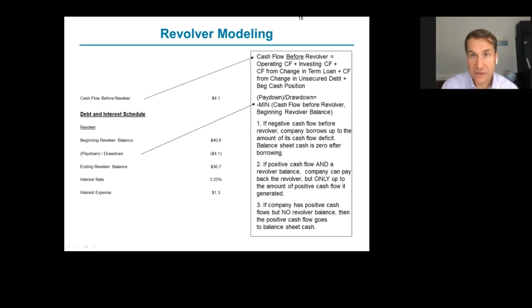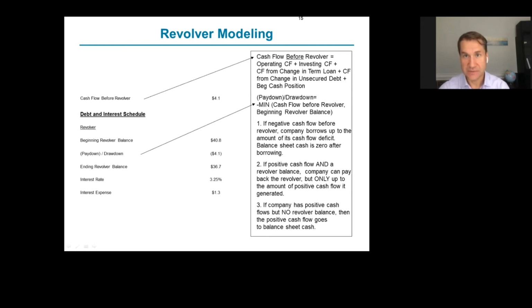So once you calculate that cash flow before revolver, you then, you see in my second sentence there, you calculate pay down or drawdown. And the formula is fairly simple. It's negative minimum, so the smaller of cash flow before revolver that we just calculated, and beginning revolver balance.